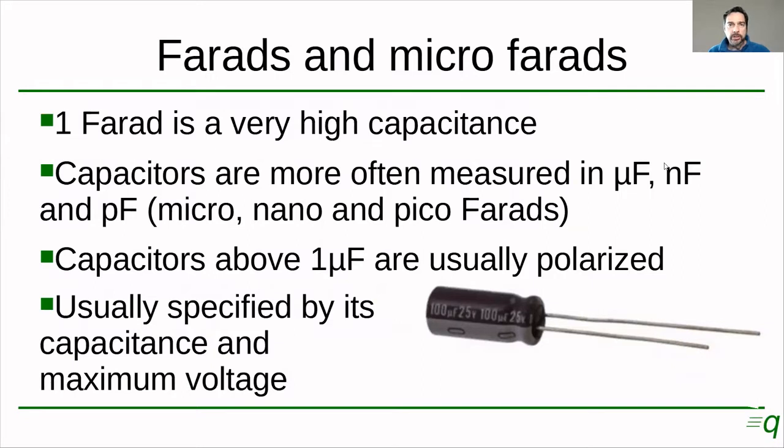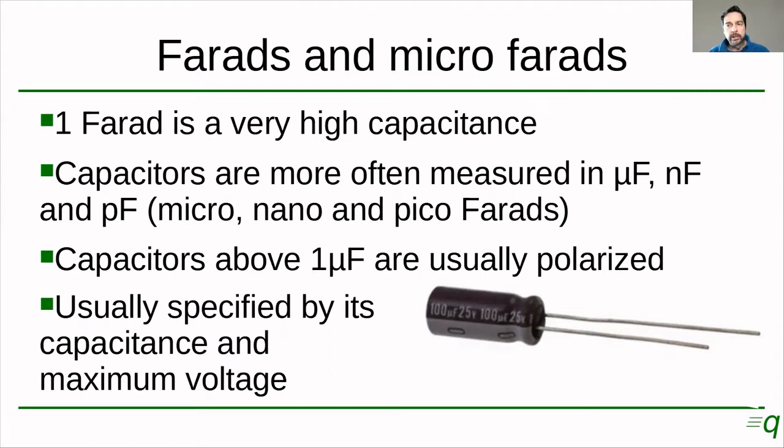1 farad, which is the unit of measure for capacitance, is a very high capacitance. So you will not find capacitors of 1 farad. Actually, you will. There's a recent technology that allows us to build what we call super capacitors, and those are measured in farads.